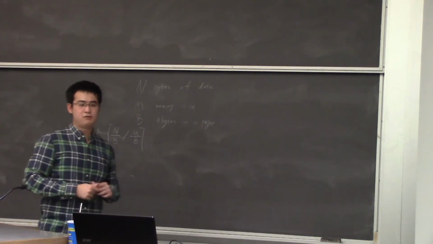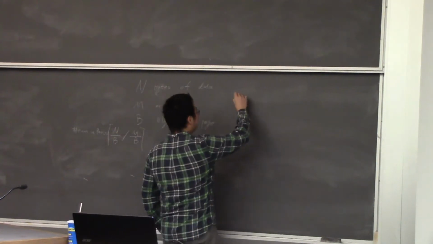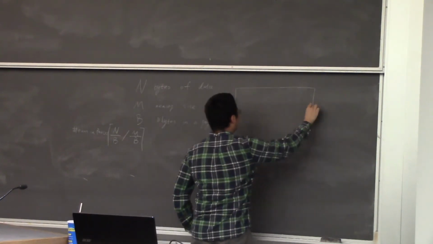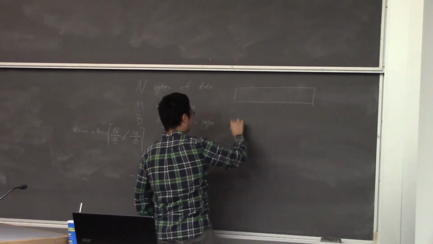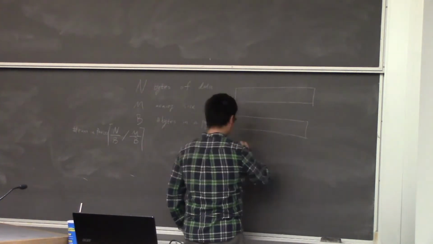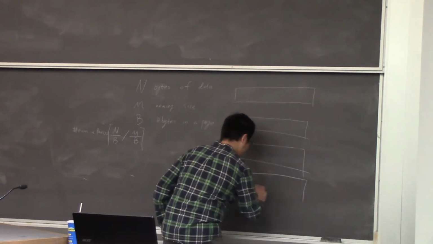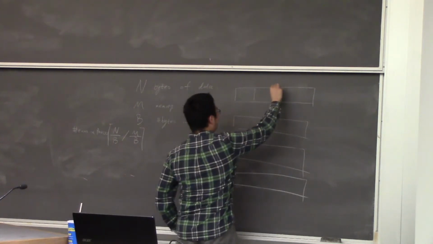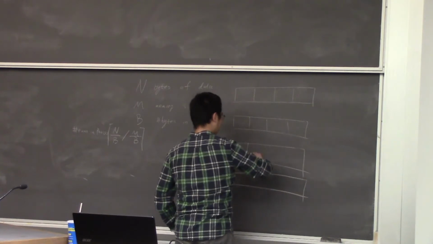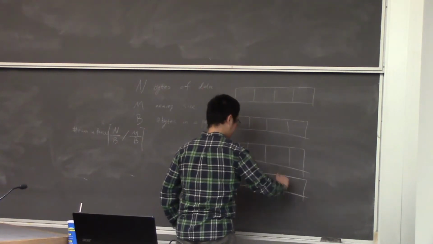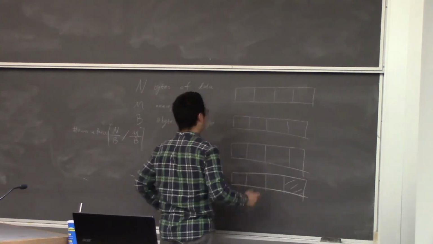For the subsequent passes, if you look at it, you have several runs of data pages. Say we have maybe 4 runs. Each run will have several pages. These are all pages, and this is an unoccupied page.